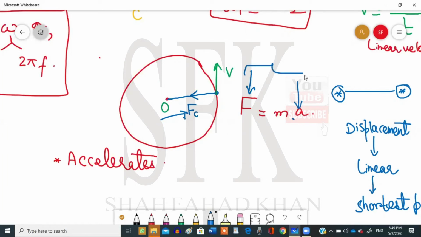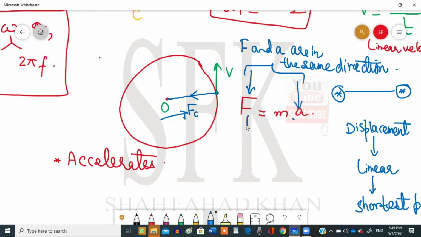From AS we know that force and acceleration are in the same direction. I'm talking about the resultant force, which is always in the direction of the acceleration that it produces.